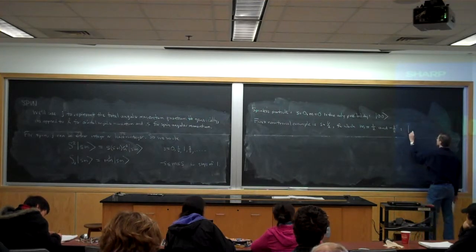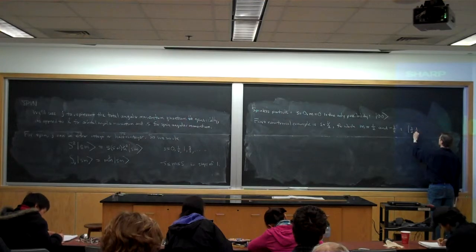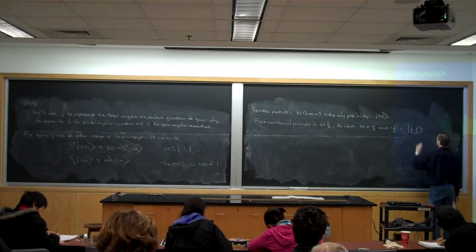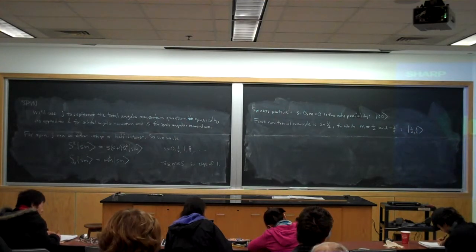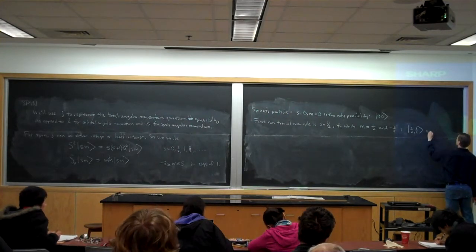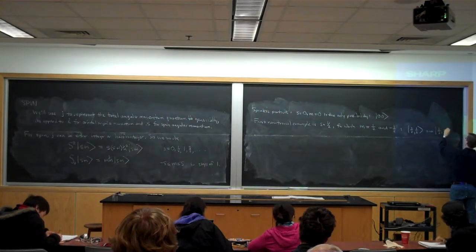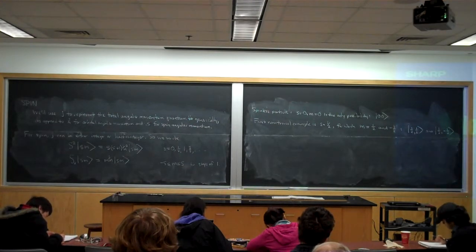So in other words, there's a state which is written as, I'll put commas to be clear, 1/2 comma 1/2, and another which is 1/2 comma minus 1/2.